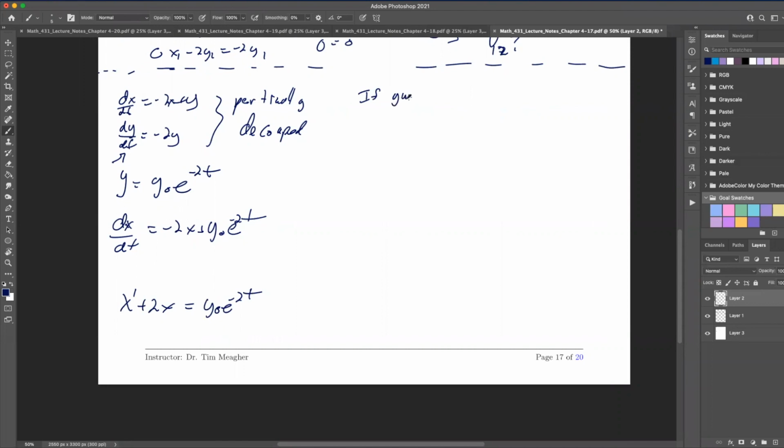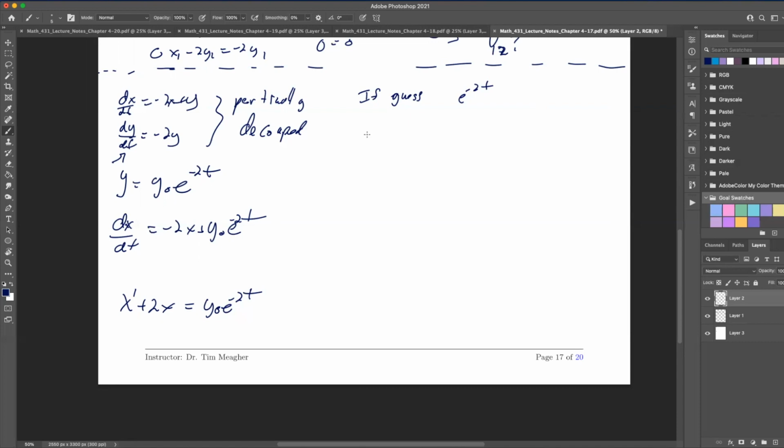If I make the normal guess of e to the -2t, which I would guess for this thing when I take the homogeneous version, it fails. The normal guess here would fail if I did the homogeneous plus the particular, because we know the homogeneous would be this, so if I find the particular, it ends up falling apart. So here we're going to have to guess for the solution.